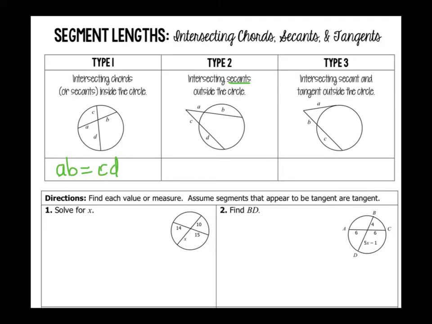These intersect inside here, and these are intersecting outside here. So this equation is going to be A times A plus B equals C times C plus D.